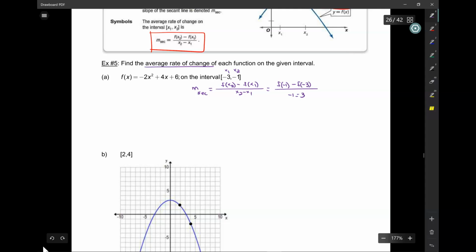Okay. Now, how do I find f of -1? I plug it into the function, right? So here, let's work here. f of -1 is -2 times (-1) squared plus 4 times -1. Who's really quick? Who can get that for me? 0.